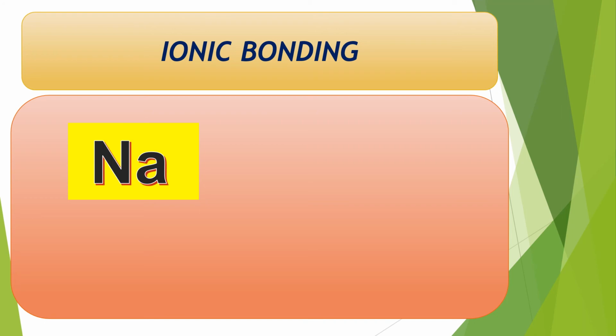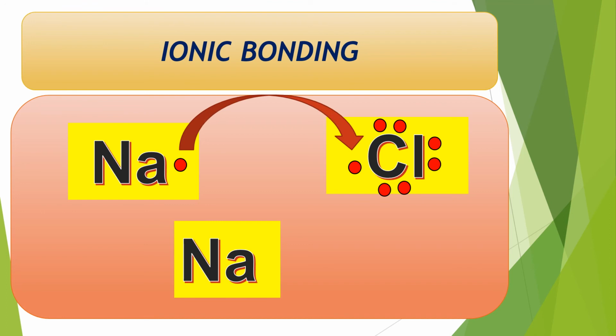Such a bond forms when the valence electrons, or the electrons in the outermost shell, of one atom are transferred permanently to another atom. The atom that loses the electrons becomes a positively charged ion or a cation, while the one that gains them becomes a negatively charged ion or an anion.